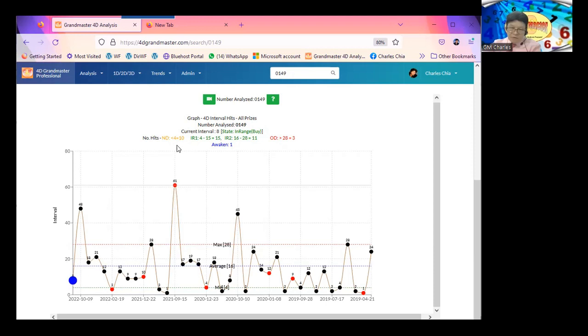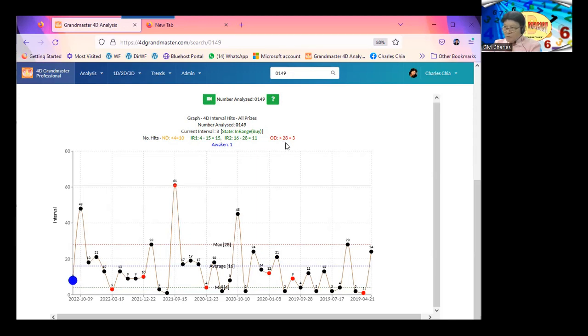Here again, I want to tell you, NotDue is always low, 10 hits. OverDue is even worse for this number, 3 hits only. You can count from here, 1, 2, 3 hits only. So that's why I was saying, when a number is OverDue, don't buy.